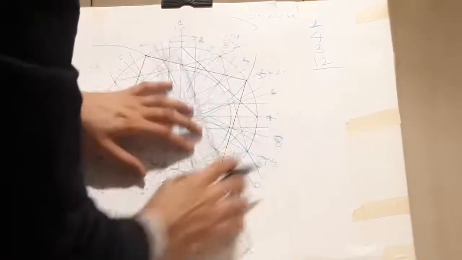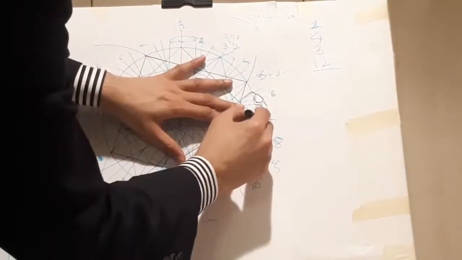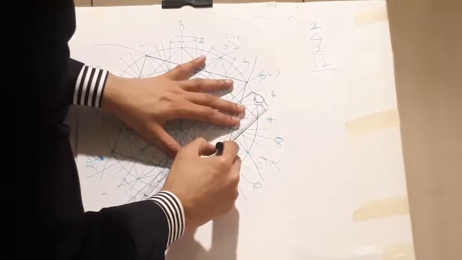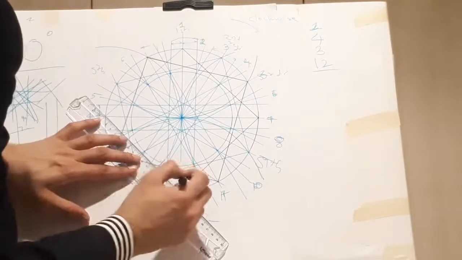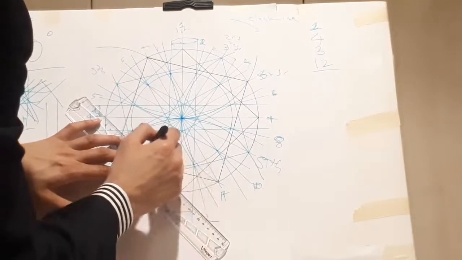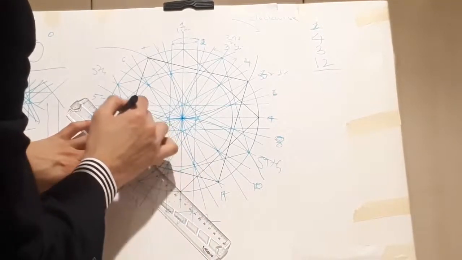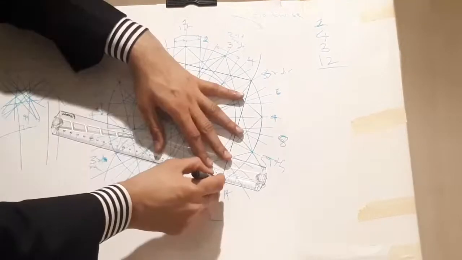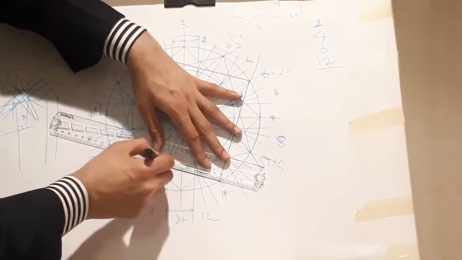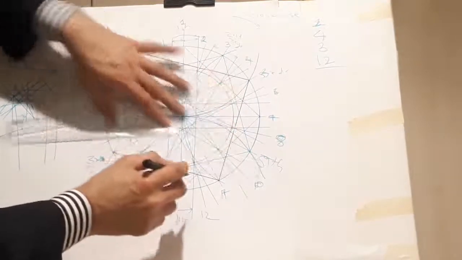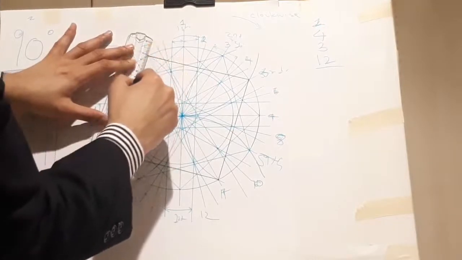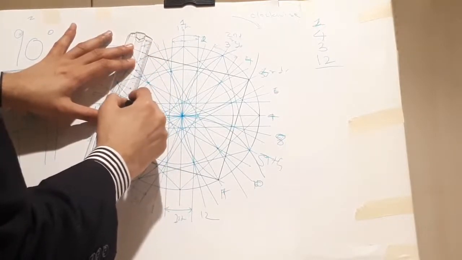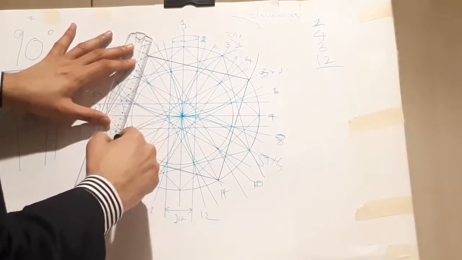Which is this. And then another line at this point, and then you have these set of lines.